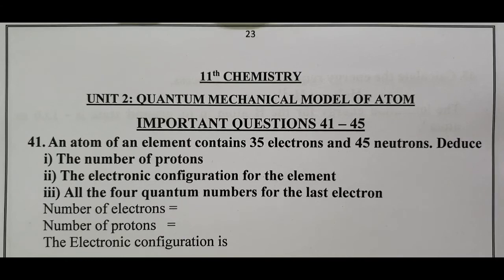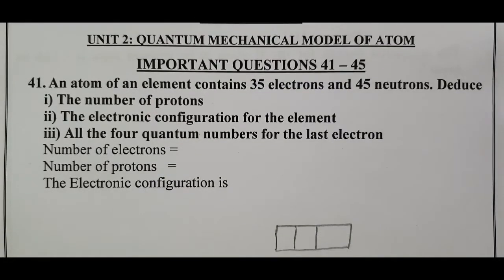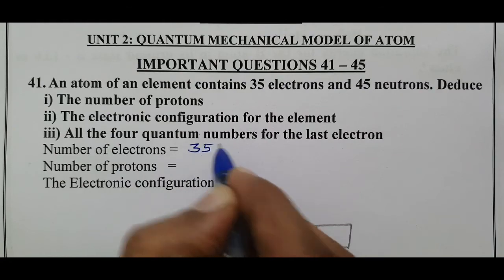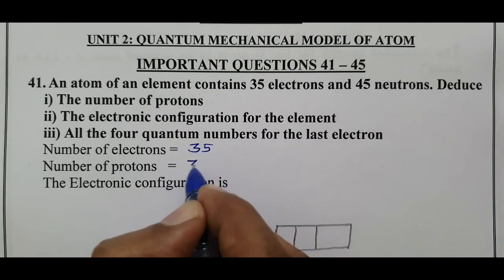We know in an atom the number of protons is always equal to the number of electrons. The element contains 35 electrons, therefore the number of protons must be 35.